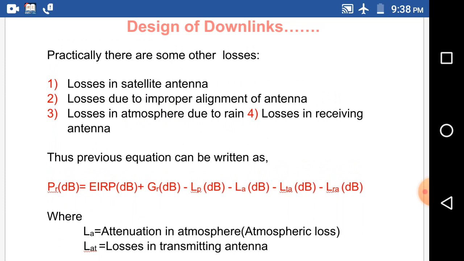This is the final received power formula.